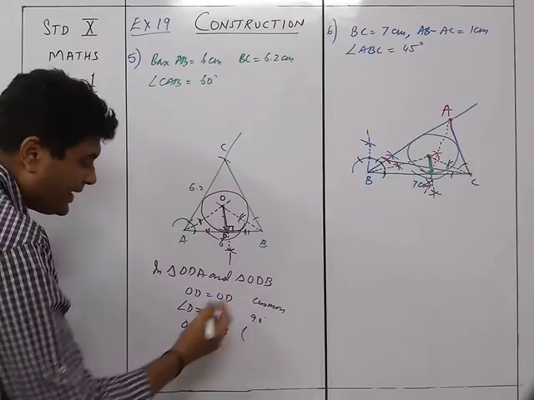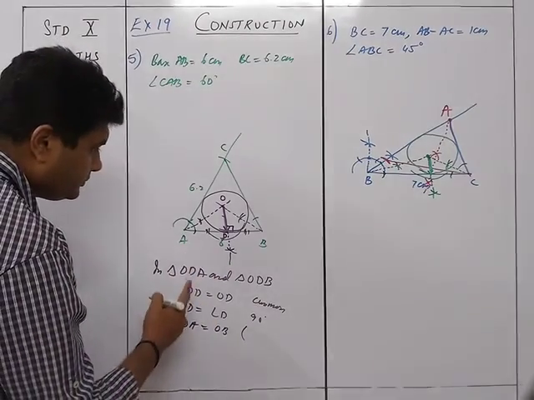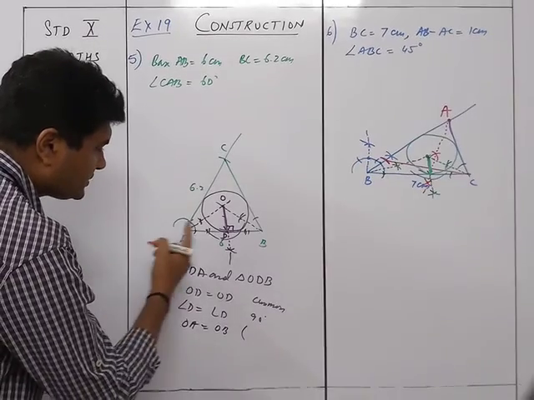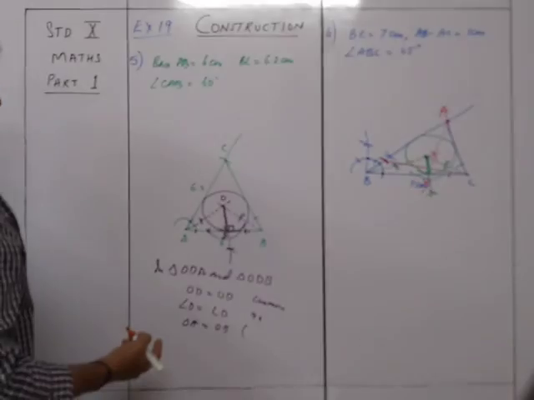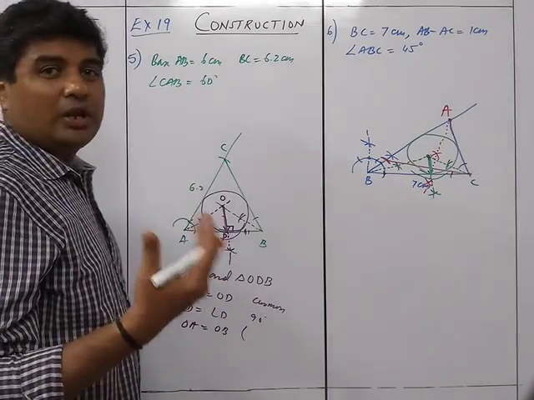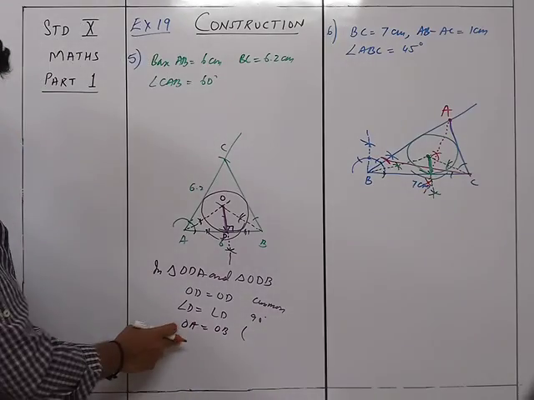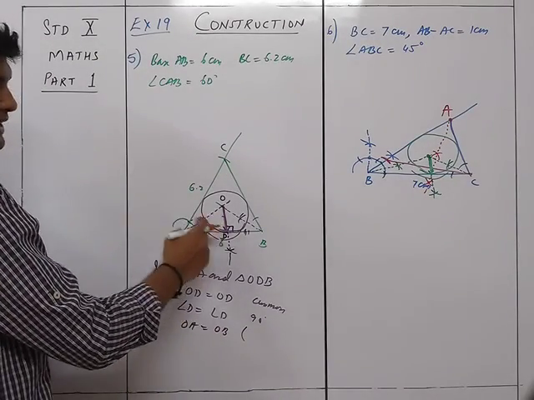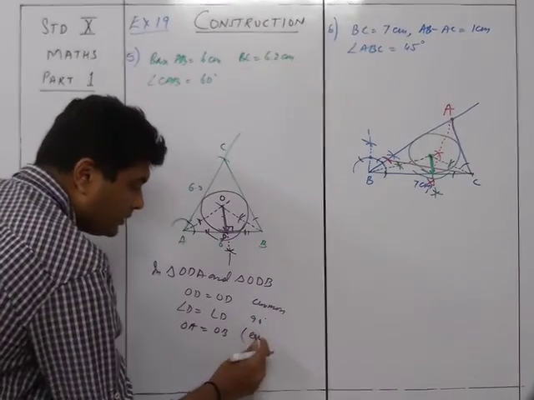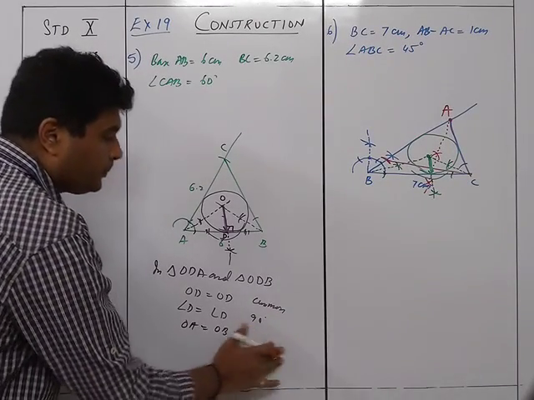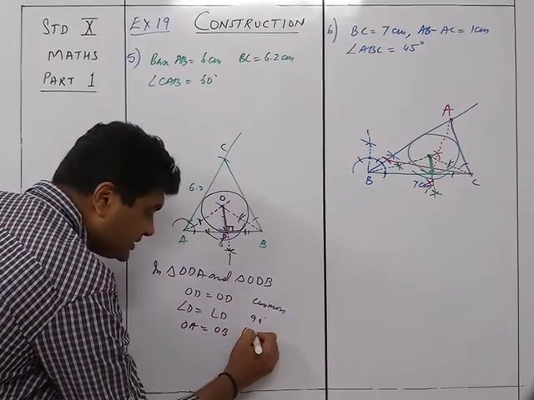We will write it: OA is equal to OB because it is an isosceles triangle, or else we can say it is related to the chapter loci. That's why we get OA equal to OB, because they are equidistant from the center. A point on the perpendicular line is always equidistant.